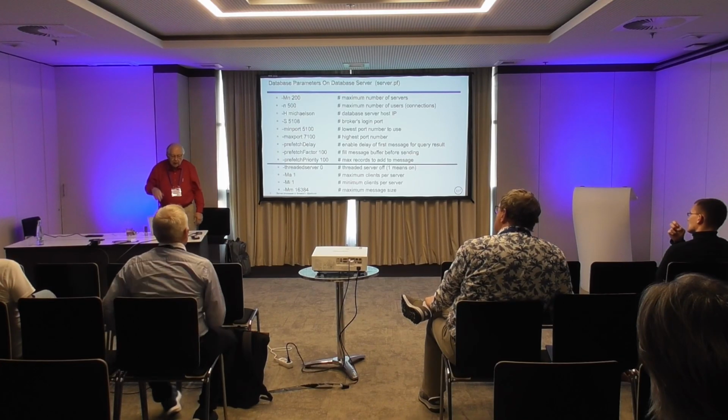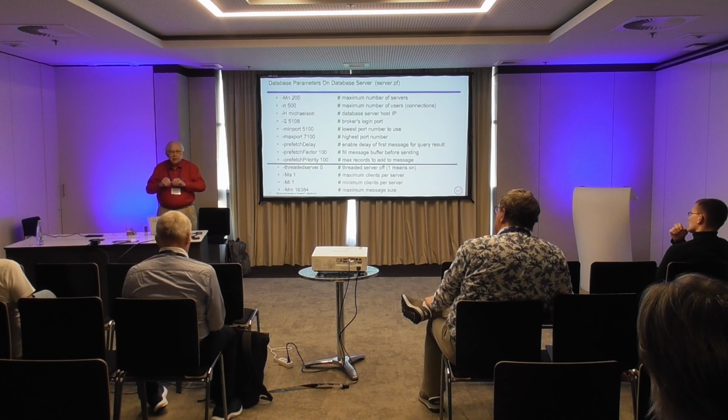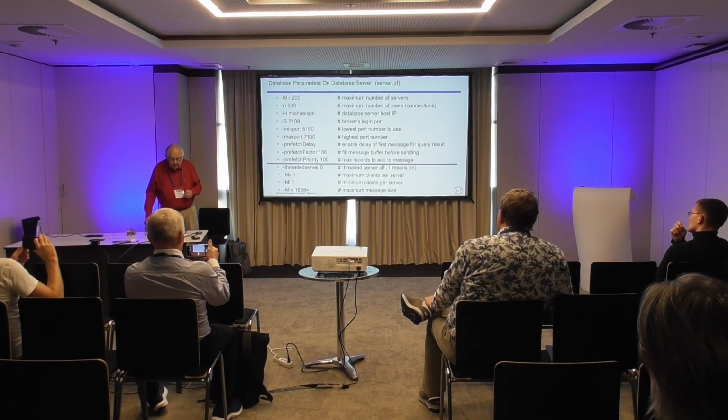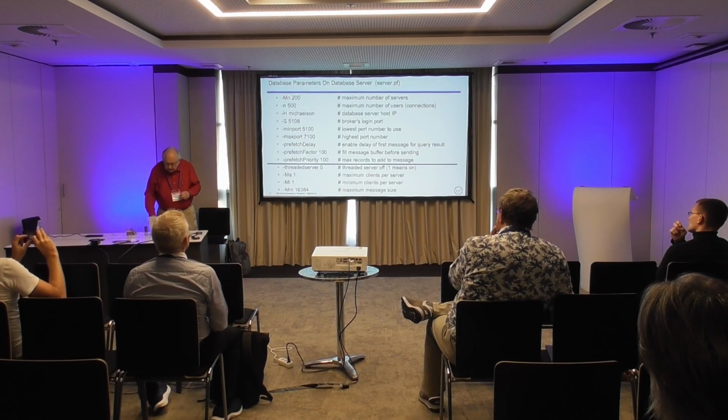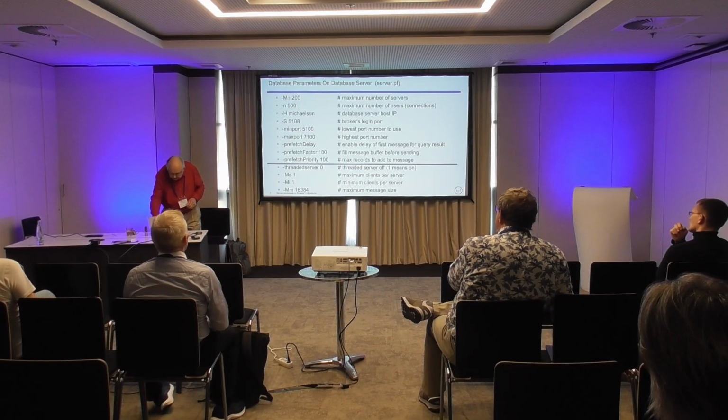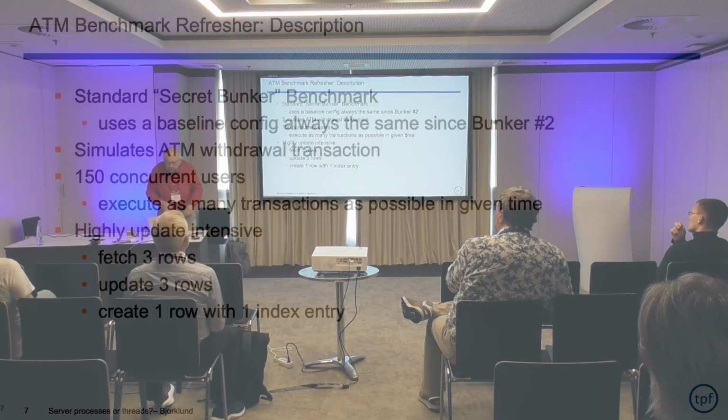All the stuff above the line, we don't touch. It stays the same for all the test results I'm going to show you, with one slight exception, which I'll get to.